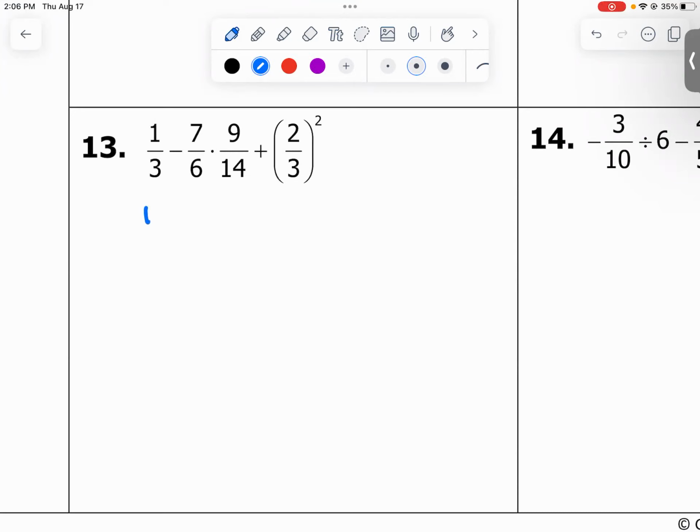Exponents is. So we have 1/3 minus 7/6 times 9/14 plus 4/9. Now we need to multiply 7/6 and 9/14.